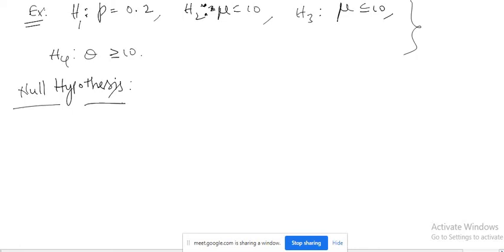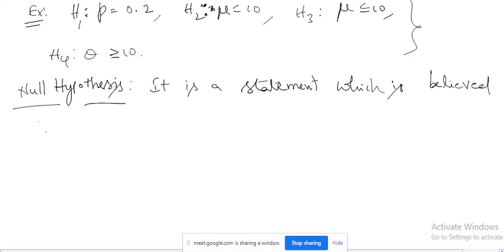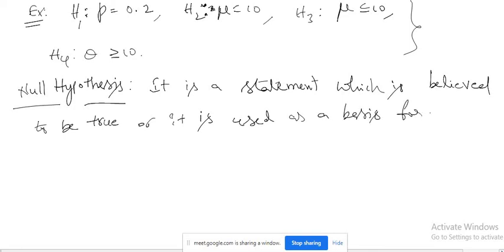Null hypothesis is a statement which is believed to be true, or it is used as a basis for argument, but has not been proved.